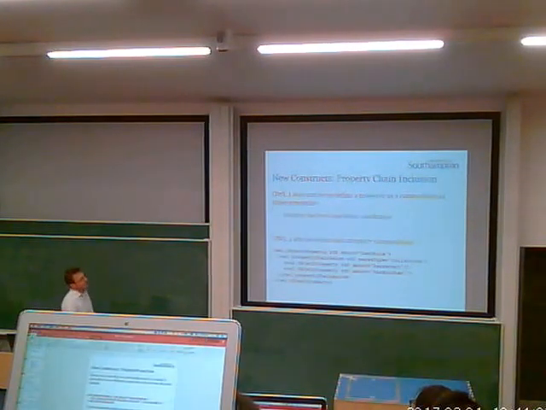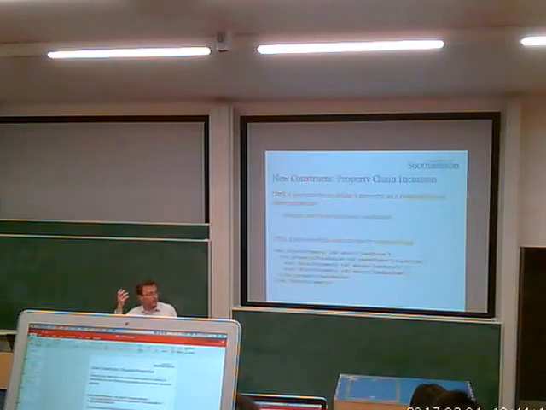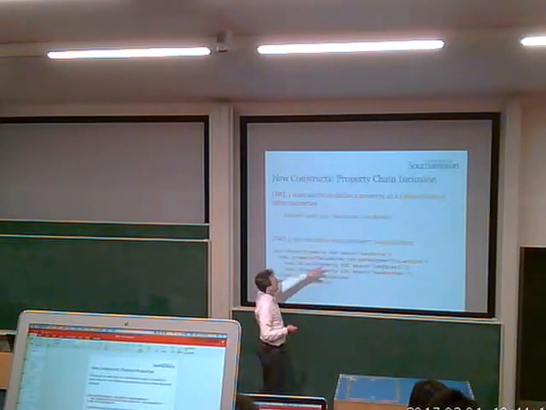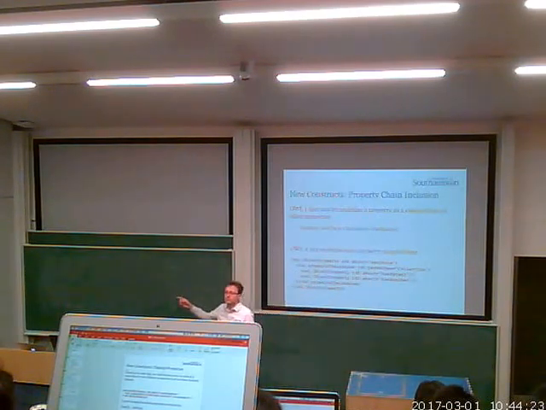Well, it's also handy, and so for property chain inclusion, how can we define an uncle? Well, an uncle could be described as, if I have an uncle, that means I have a parent, and that parent has a brother. Right?